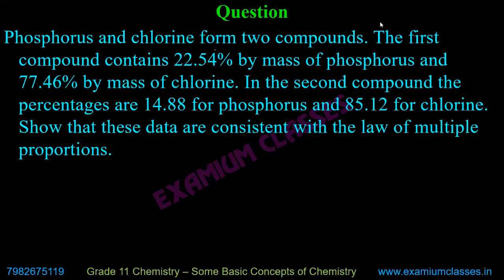Yes, yes. Pratham, your values are correct. And then you need to show that these are in simple whole ratio. Yes, Tanu, your value is correct for the first one. Everyone, you need to utilize this time. Don't waste this time. Utilize it, and you will be able to solve these types of questions very easily in the examination.